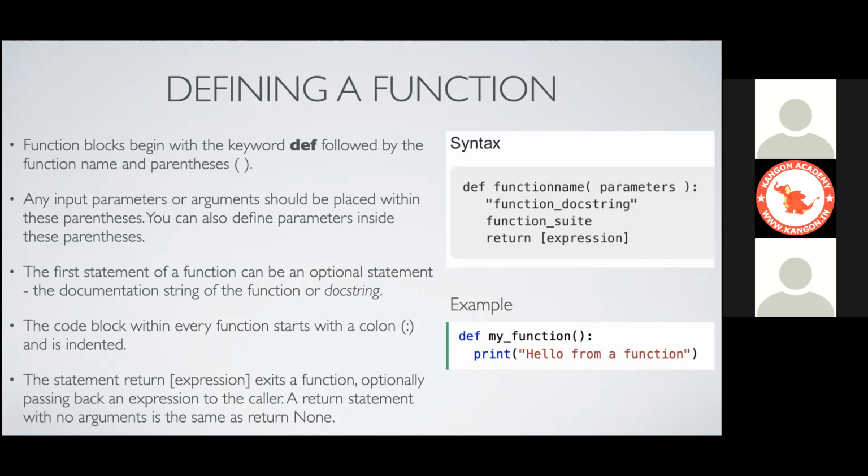The first statement of a function can be an optional statement, that is a string written inside double quotation marks. That statement is optional. You may or may not use it.